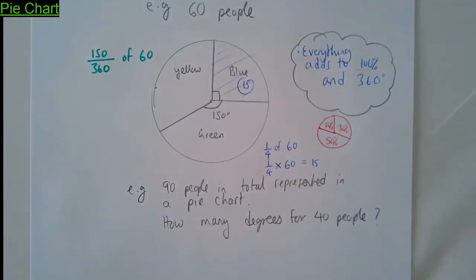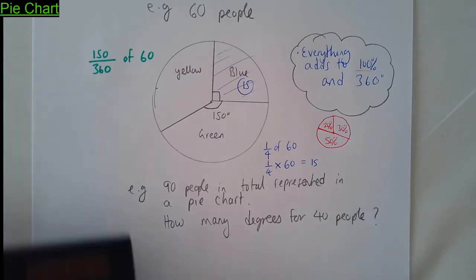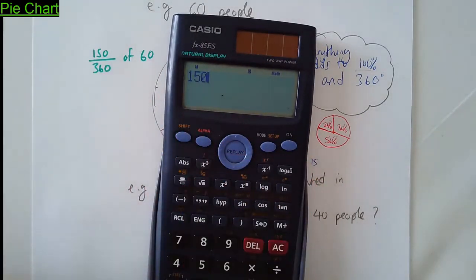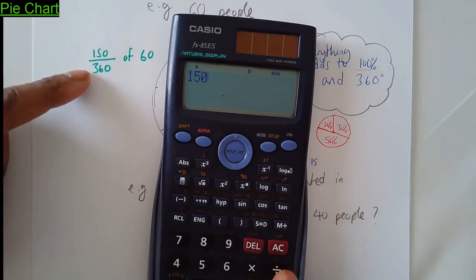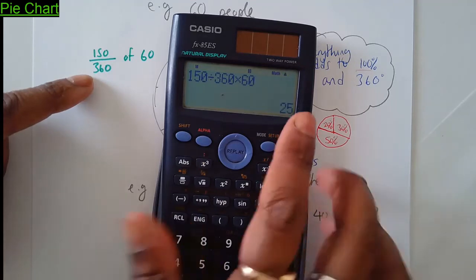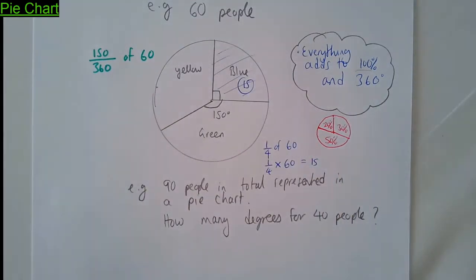Do that on the calculator. You can use a fraction button if you have one, or you can just do this. 25 people. 25 people for green.